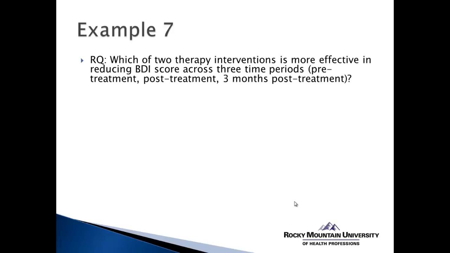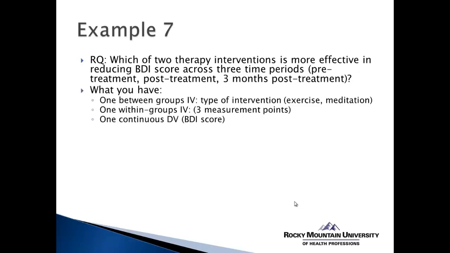Now our next example: which of two therapy interventions is more effective in reducing BDI score across 3 time periods? A pre-treatment, a post-treatment, and then 3 months post-treatment. So let's look at what we have here as far as variables. We have one between groups independent variable, the type of intervention.